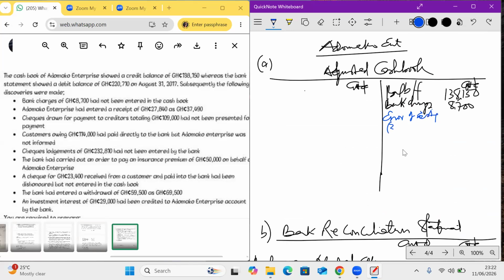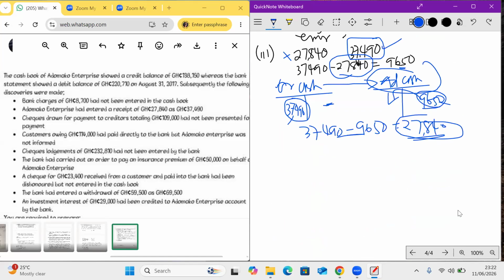Then I'll say 37,490 minus 27,840. What's the difference? 9,650. So that when I subtract this from the 37,490 in the original cash book, it will give me the 27,840 on the debit side.